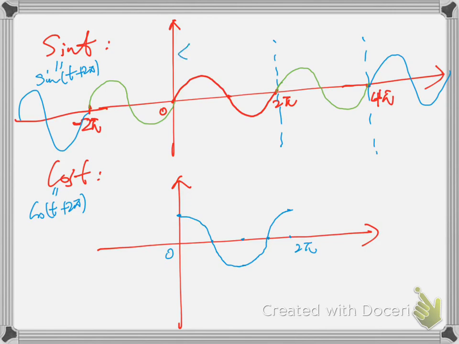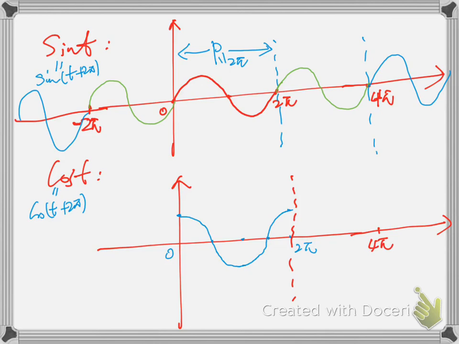So the period is 2 pi for the sine curve. The cosine curve is very similar. If we look at the cosine curve between 2 pi and 4 pi, it will be exactly the same as the curve between 0 and 2 pi.